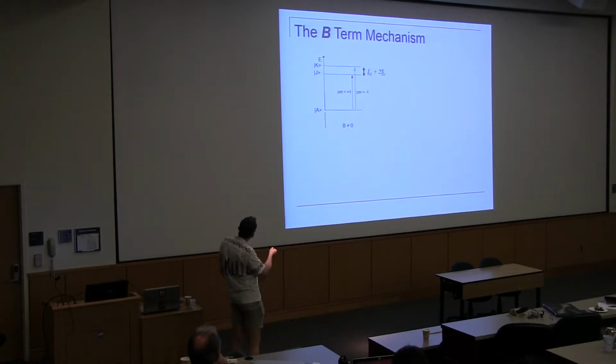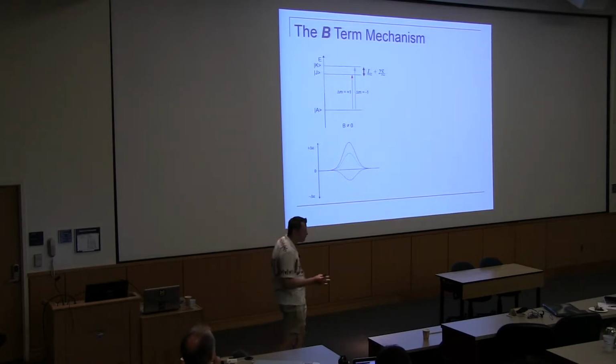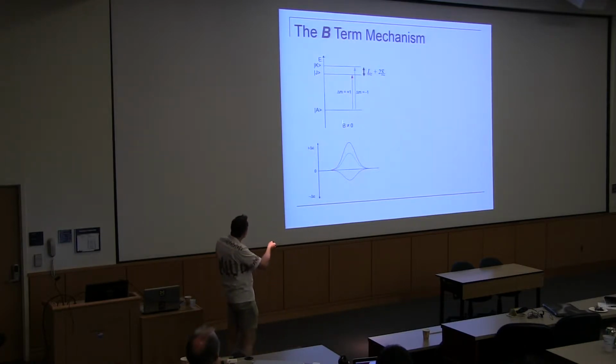Again, we can look at this with a little diagram here. We're interested in the transition from A to J, let's say, and then we have an auxiliary state K here. Now, if the magnetic field is turned off, there is no mixing, so there's no transition. If the magnetic field is turned on, then we will get our two transitions. The important thing here now is that the transition dipole matrix elements for the red and the blue transition are no longer the same.